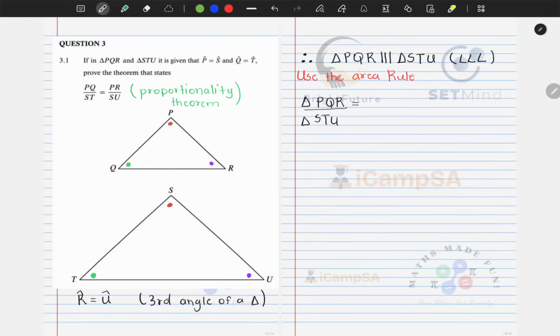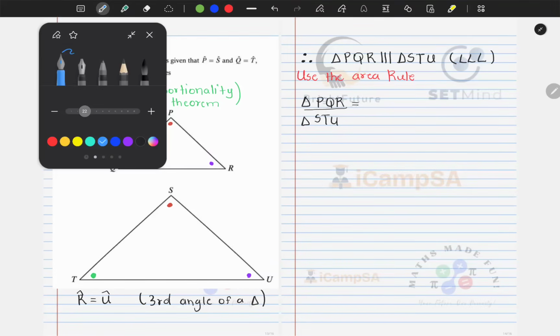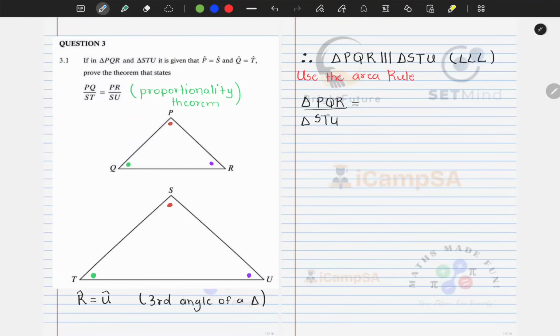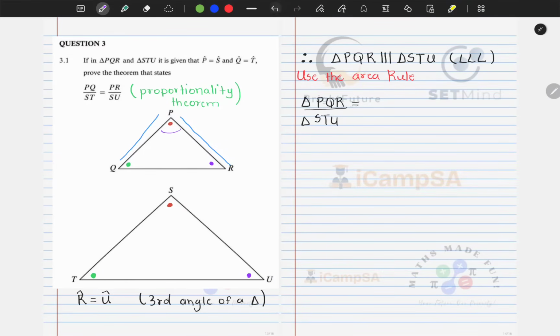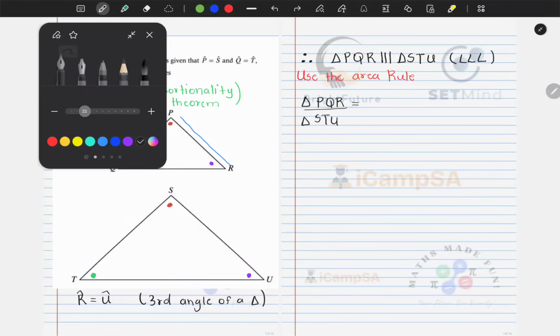I'm going to use the area rule, and I'm going to look at the sides that I really want. We need PQ, and we also need PR. So if we need PQ and PR, we are going to make this very easy. What this means is I'm going to use angle P as my included angle.